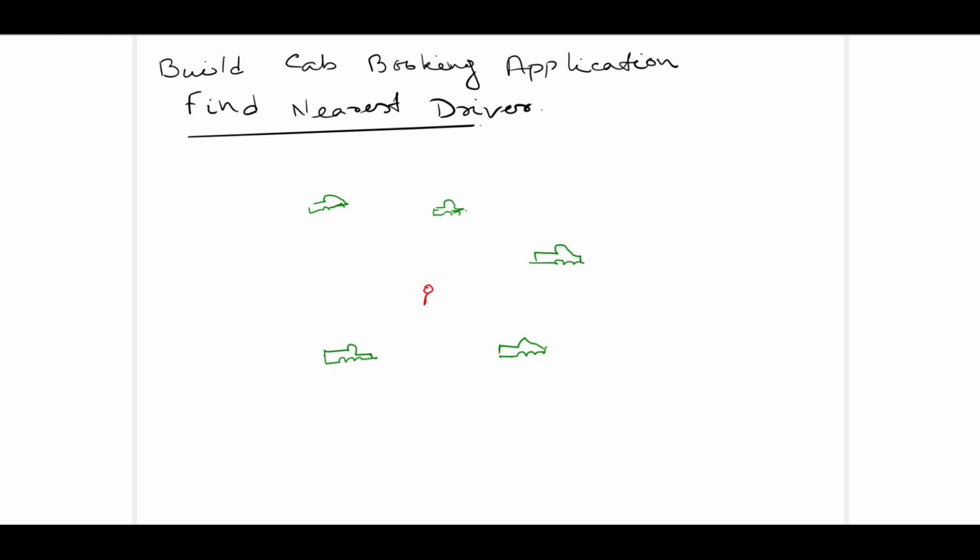There isn't much information available. We only know where the customer is and where each driver is. One obvious idea is to calculate the distance from the customer to each available driver. Once we have calculated the distance, simply choose the smallest one. Now honestly, this is not a bad solution at all.